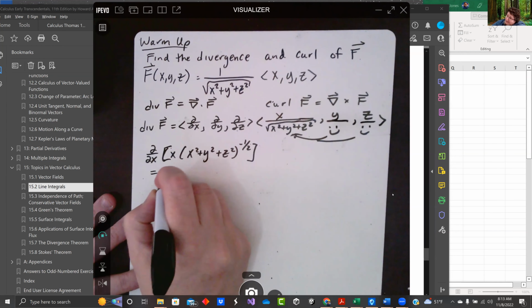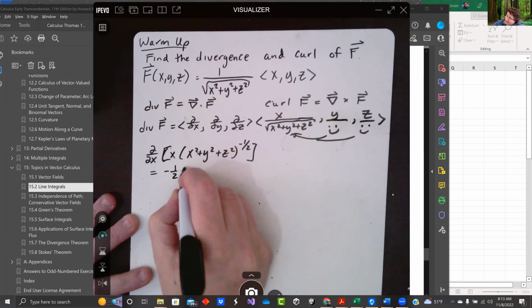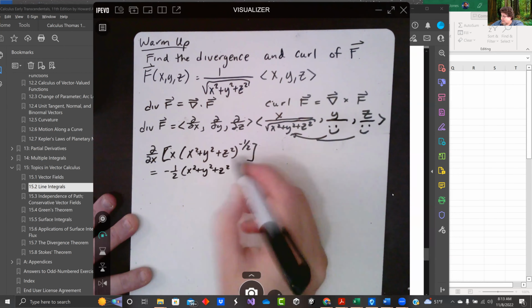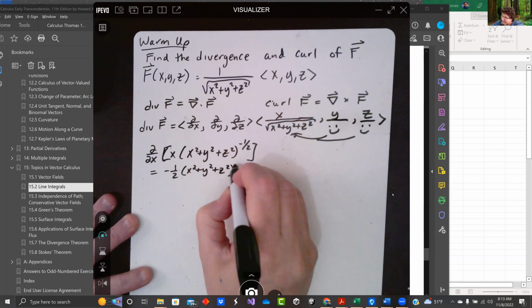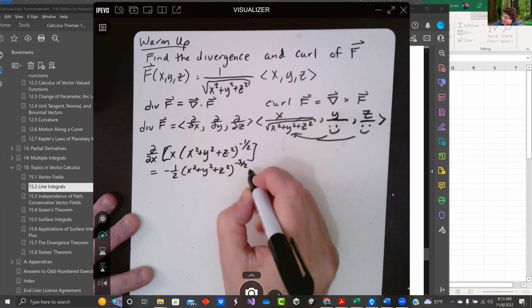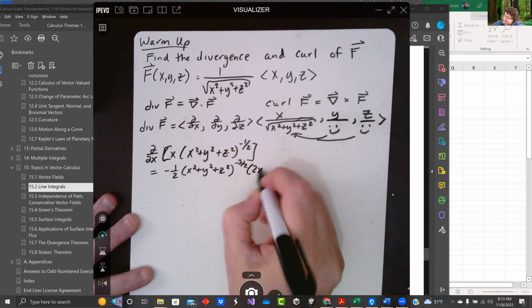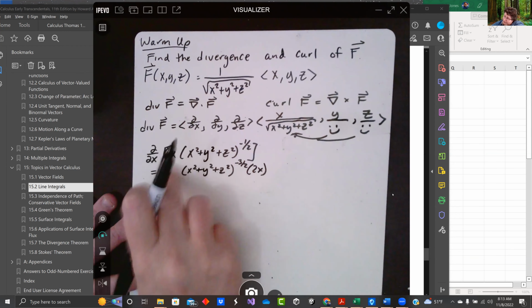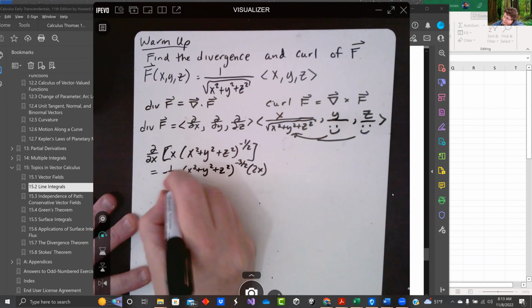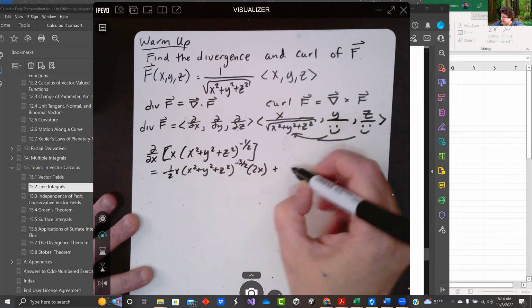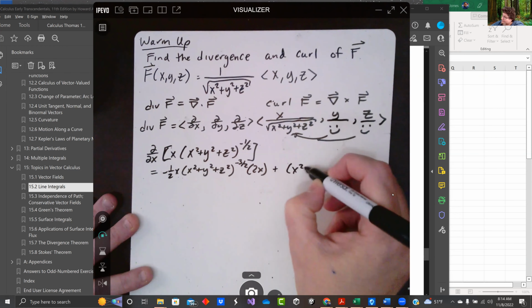So -1/2 x squared plus y squared plus z squared. We lower that, so that's -3/2, and then we take the derivative of the inside, which with respect to x is 2x. And I still have my x out front. So maybe I should put that with the -1/2 over here. And then I could just take the derivative of the first term, and that just leaves me with the second term.